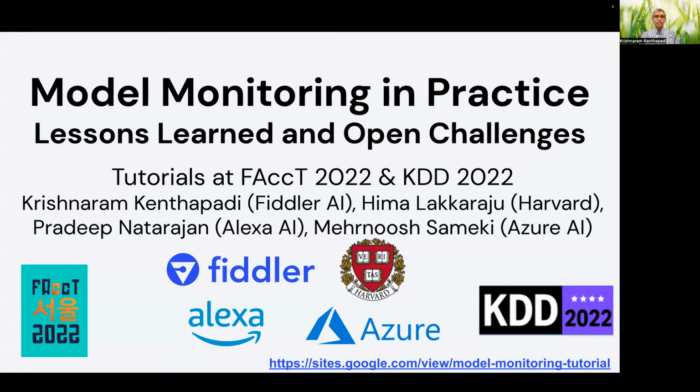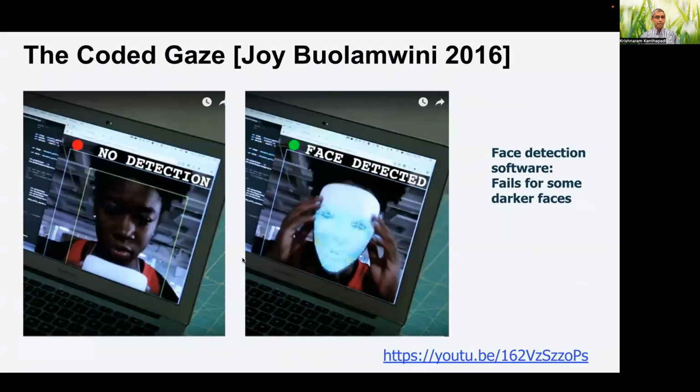Let's start with understanding why we need machine learning model monitoring. Over the last several years, we have observed a variety of instances where machine learning models have not behaved as they were intended. For instance, back in around 2016, Joy Buolamwini observed that facial detection software often did not detect her own face.